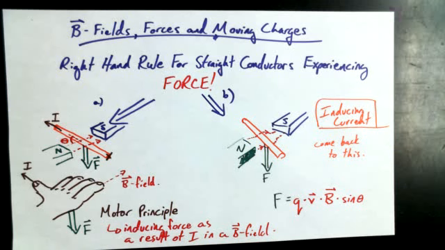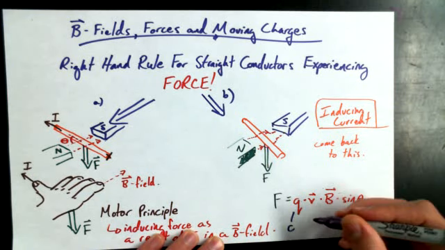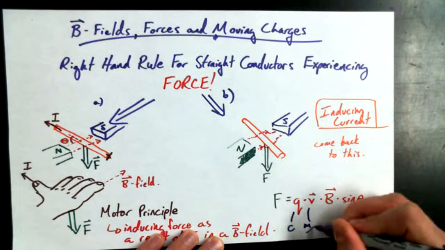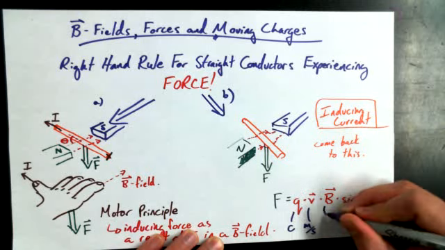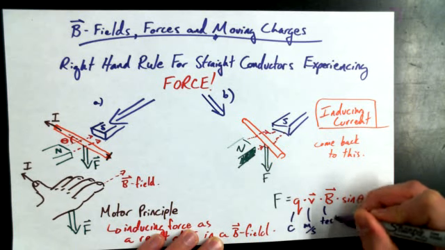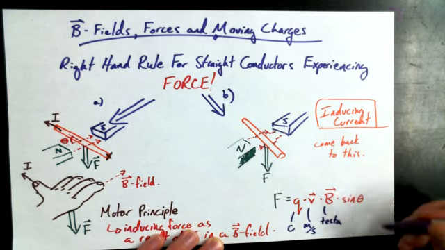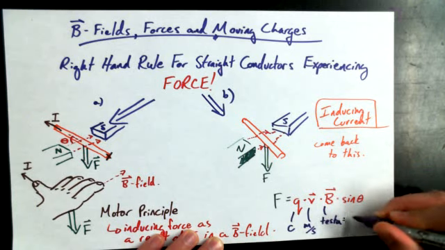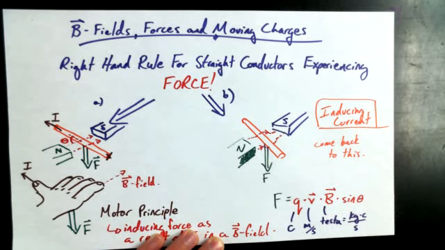Let me just get to units first. For charge, the units are coulombs, which we've discussed before. For velocity, we're talking about meters per second, and we'll get into this in a little bit. And for magnetic field, the unit is the Tesla, but the Tesla is a short form for a derived unit of kilogram coulombs per second.